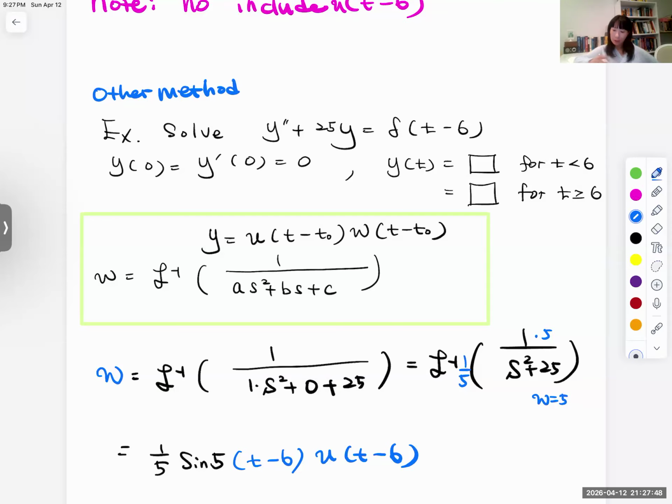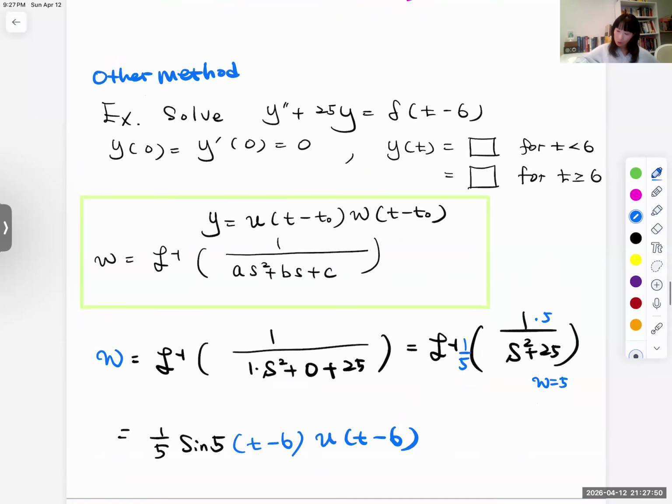What do you think? Then the answer will be 0, and then 1 over 5 sine 5(t minus 6).